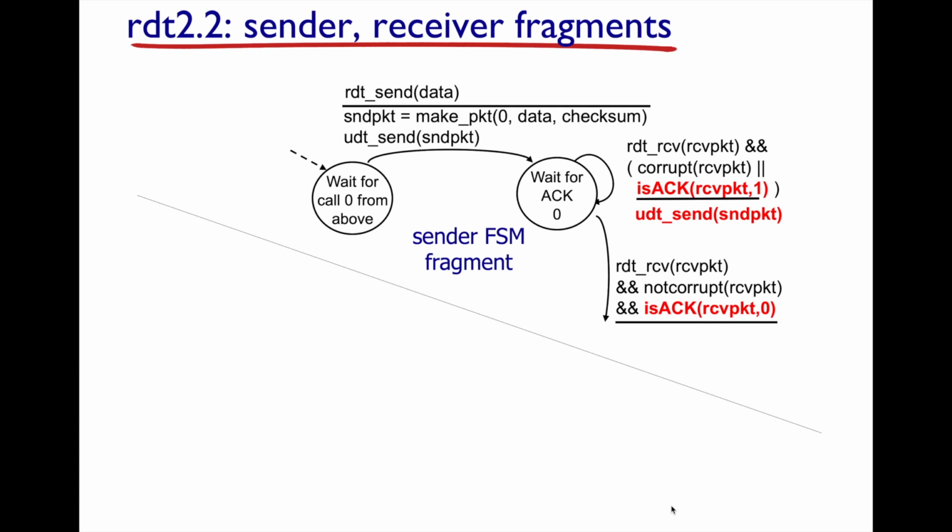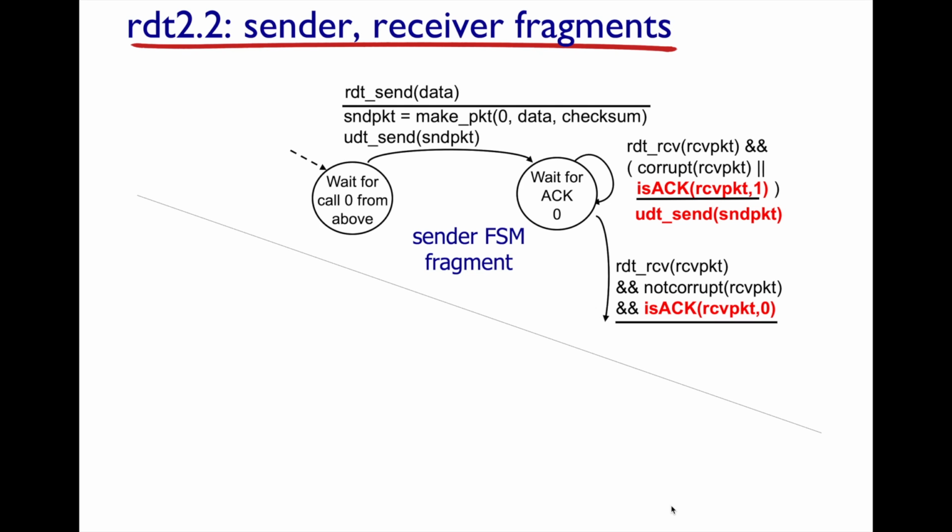If you want the full one, you're going to have another state down here called wait for ACK 1, and another state to the lower right called wait for call 1 from above. Essentially, you take this fragment and reflect it across the diagonal, and change all the zeros to 1 if you want the full finite state machine.